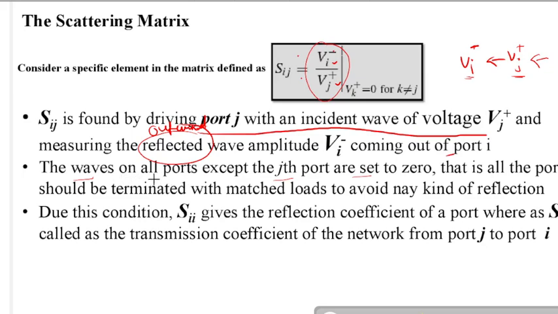Why is the jth port not set to 0? Because the jth port is the node of consideration where we are giving the input. All other ports should be terminated with matched load to avoid any kind of reflection. Why the termination with matched load is required will be discussed later. But the point is a matched load should be connected there so that there won't be any kind of reflection.